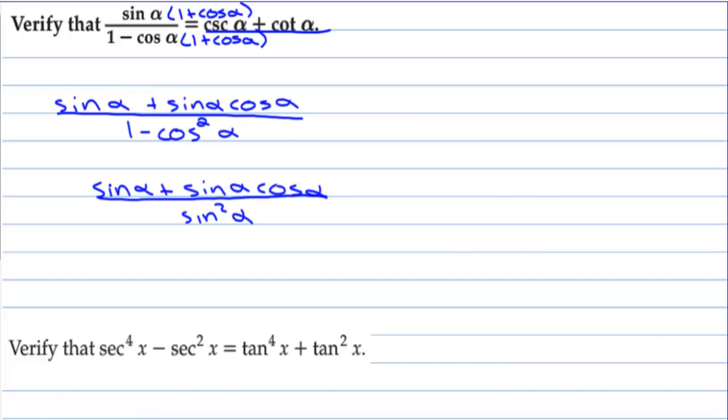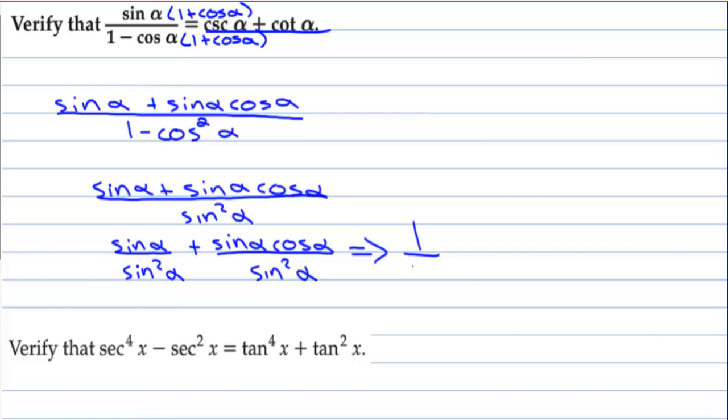In order to get 2 separate things now, we got to do reverse common denominator. Sine of alpha over sine squared alpha plus sine of alpha cosine of alpha over sine squared. So reverse common denominator, that's how I term it. Sine over sine squared is 1 over sine.